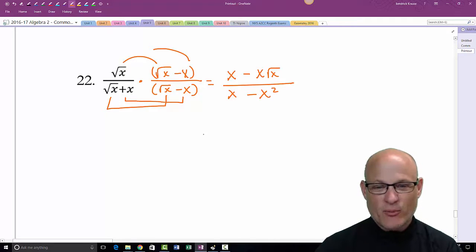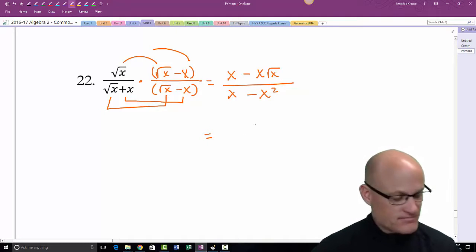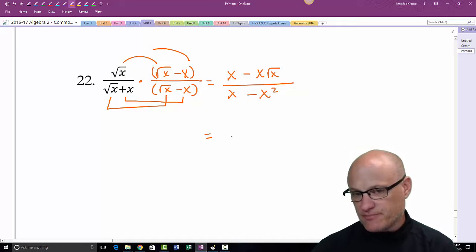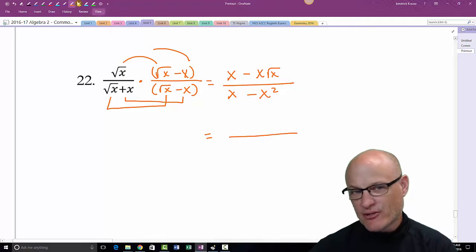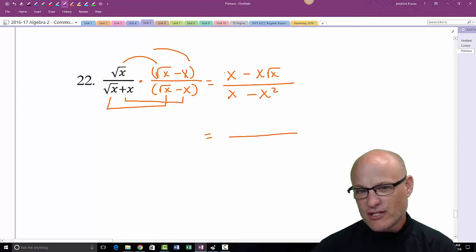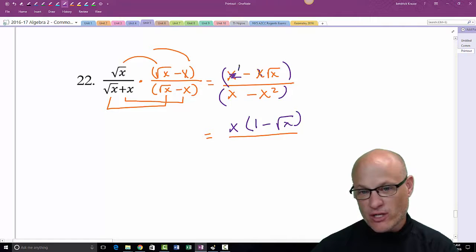Well, we have a little bit of a problem here. In the numerator, don't I have a GCF? How about in the denominator? Do I have a GCF? I do. So in the numerator, can't I take out an x and I'm left with 1 minus the square root of x? Remember, if you take out everything, you still got a 1 left.